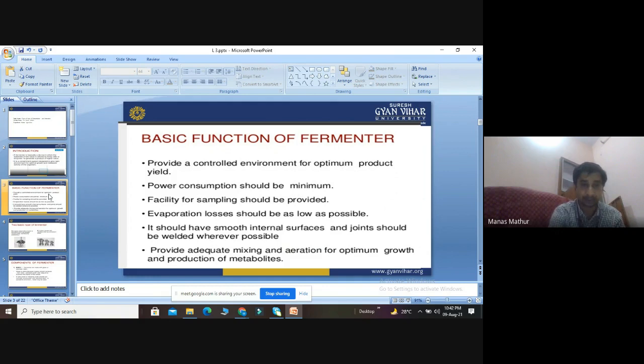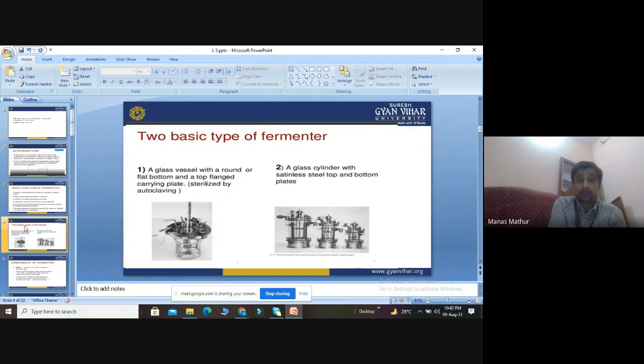So these are the main basic functions of a fermenter. Basically, there are two types of fermenter, as we can see from the diagram.